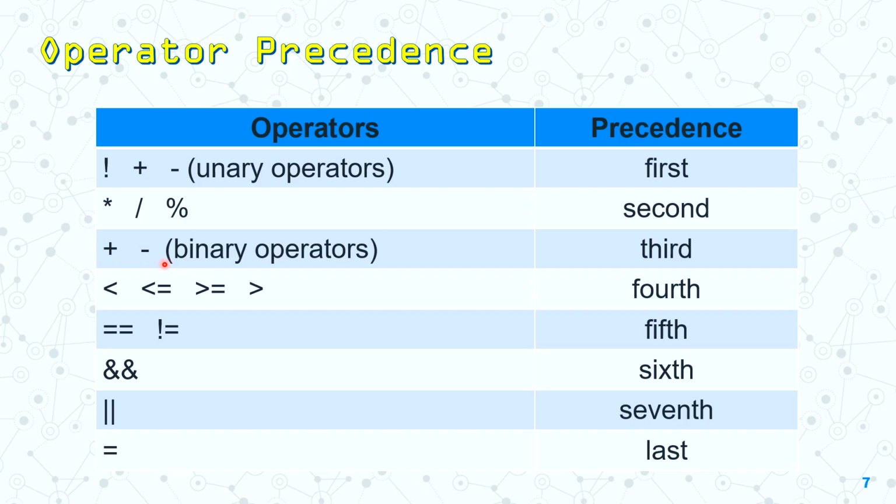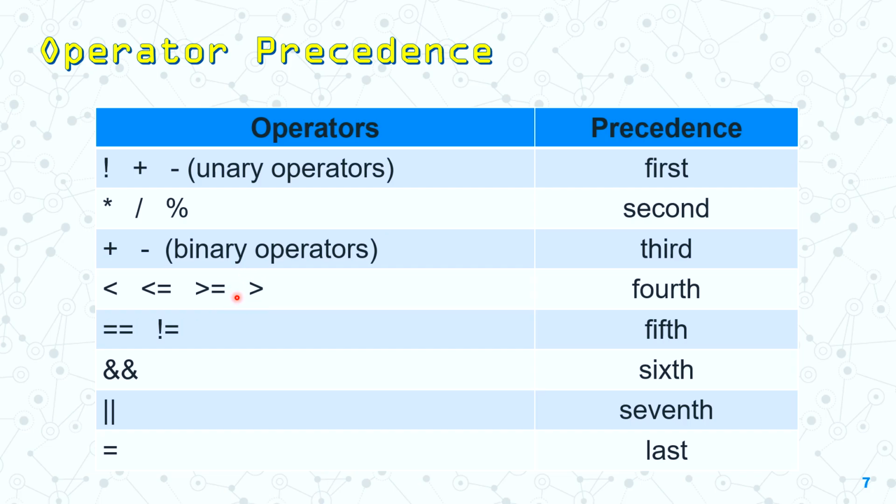But here is the new part. Once the math is calculated, the computer then looks at relational operators. It evaluates less than, less than or equal to, greater than, and greater than or equal to first.